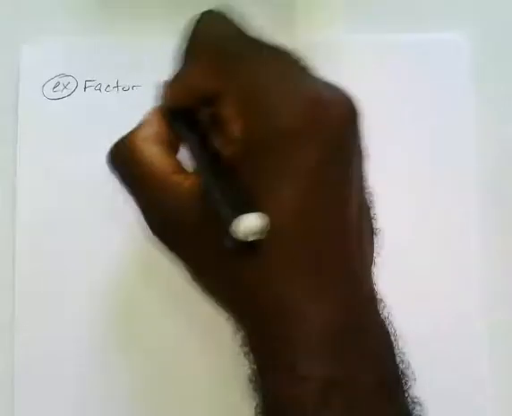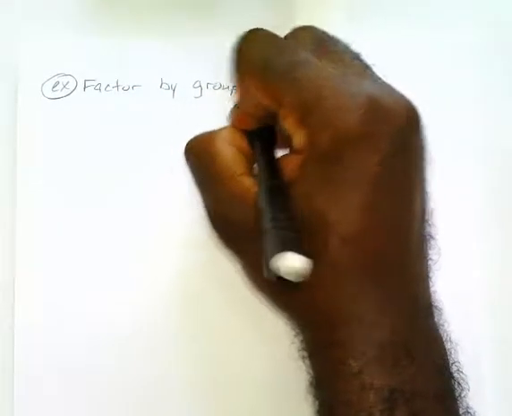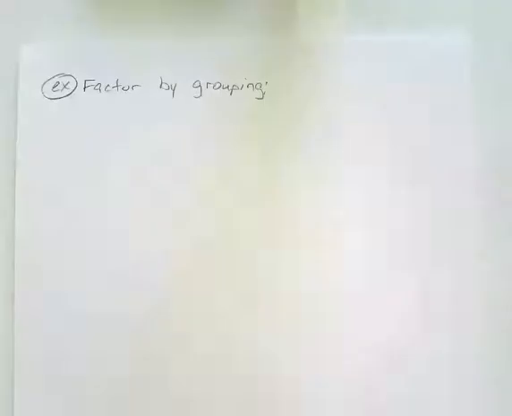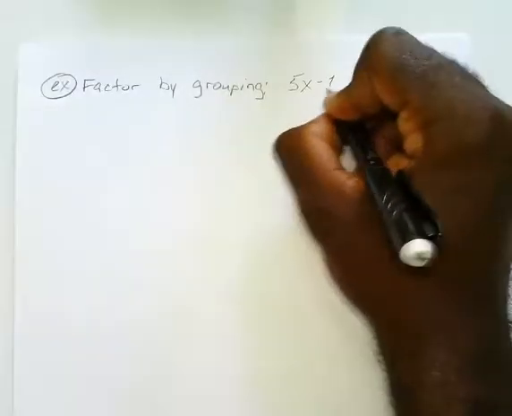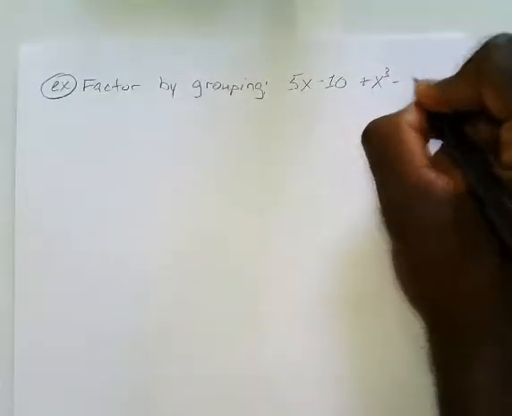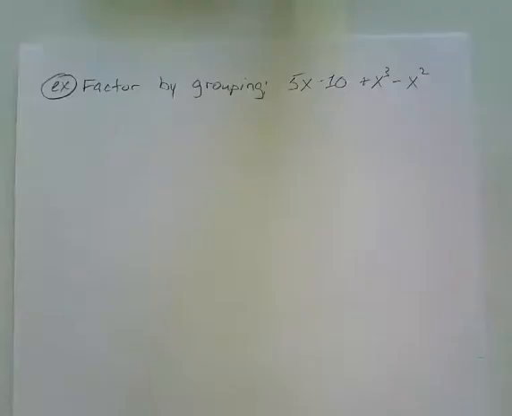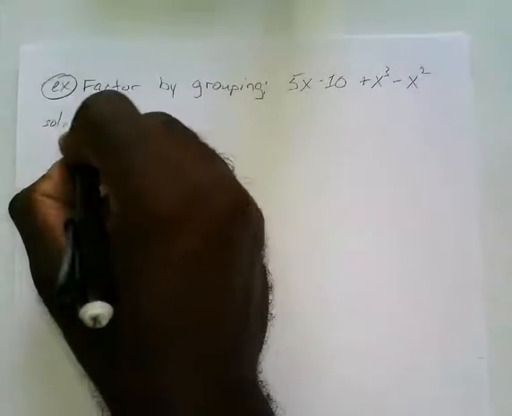Okay, so let's say we wanted to factor by grouping 5x minus 10 plus x to the third minus x squared. Okay, so remember your first step.